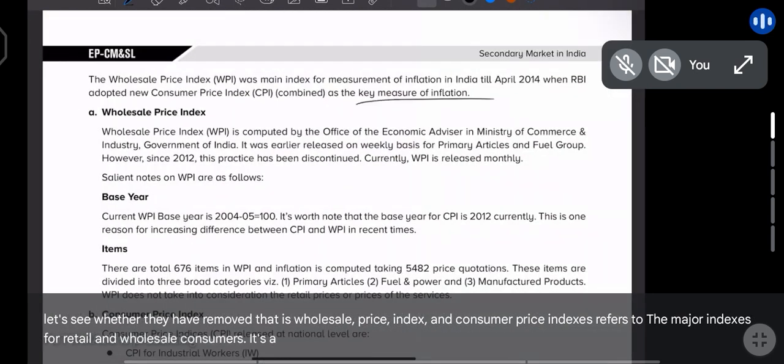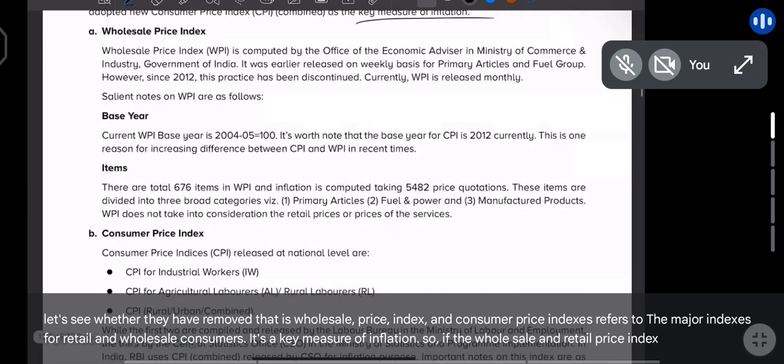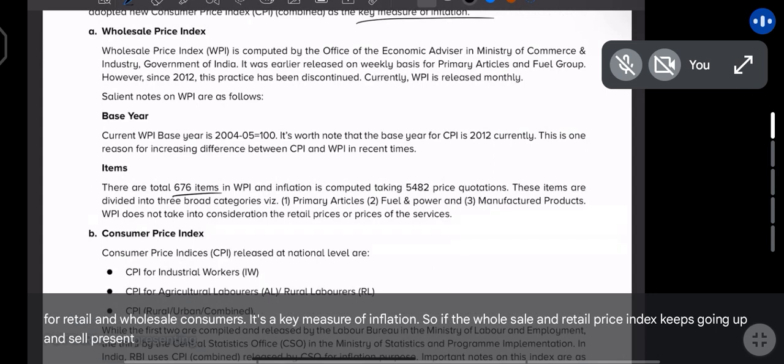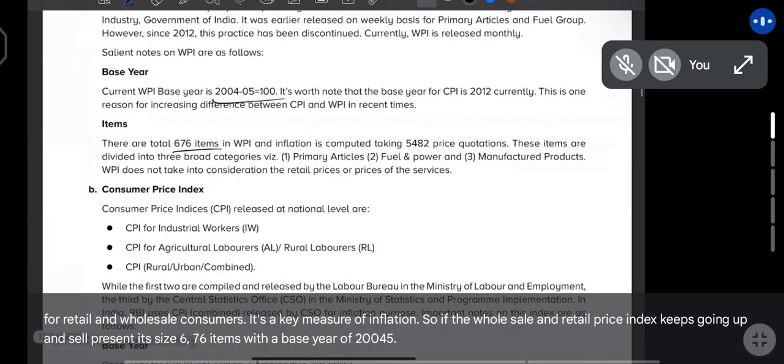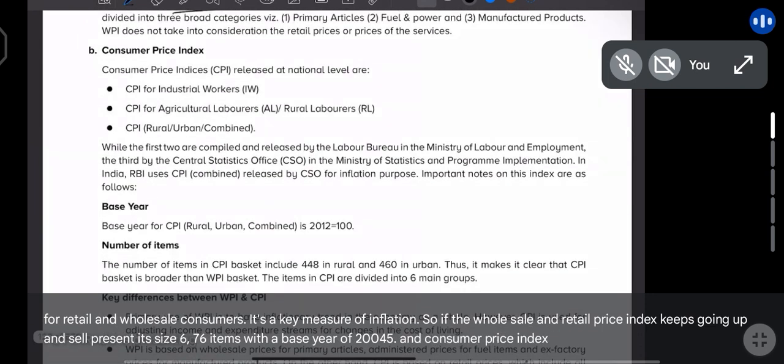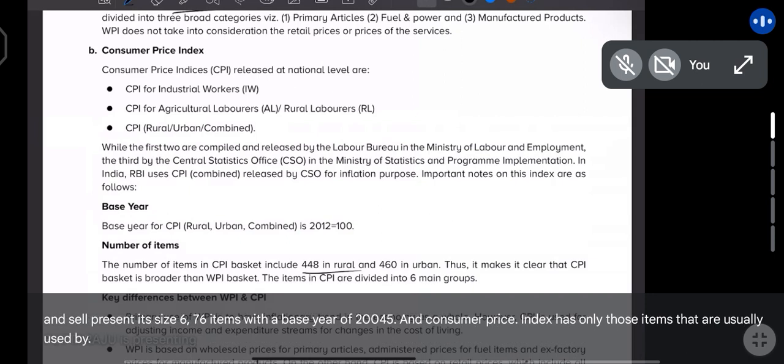It's a key measure of inflation. Wholesale price index has 676 items with a base year of 2004-5, and consumer price index has only those items that are usually used by retail consumers. So there are 448 items in rural and 460 items in urban CPI basket.